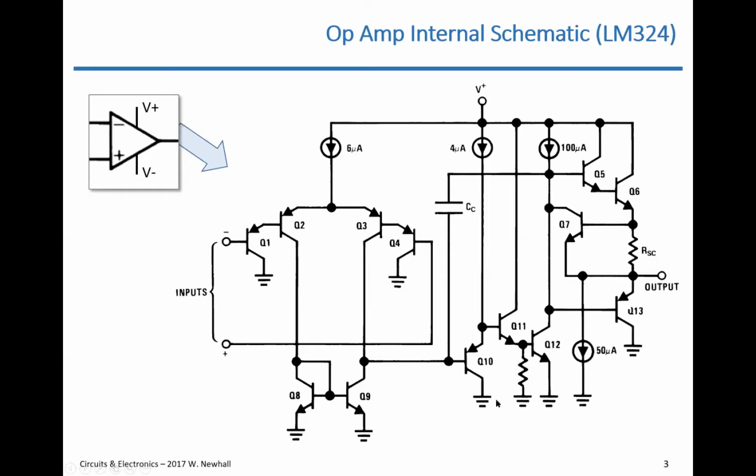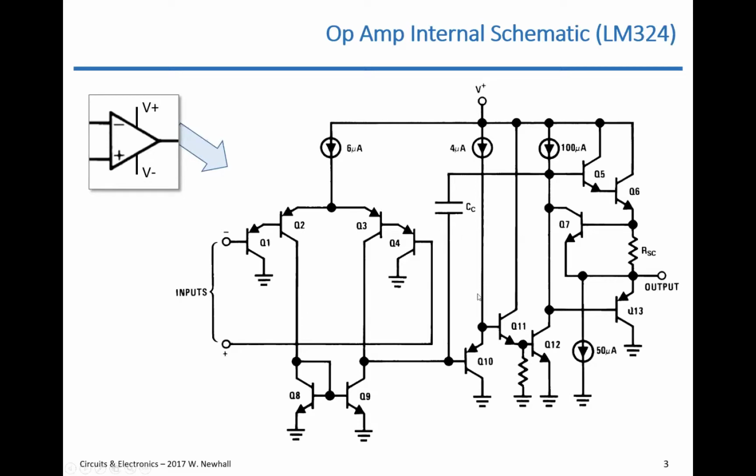The grounds are actually VEE. And you can kind of see that for all of the NPN transistors, or the ones here, the collectors are connected to what would be called VCC, and the emitters of the NPN transistors are connected to what would be called VEE in our diagram. So the inputs on the left here are the inverting and non-inverting inputs.